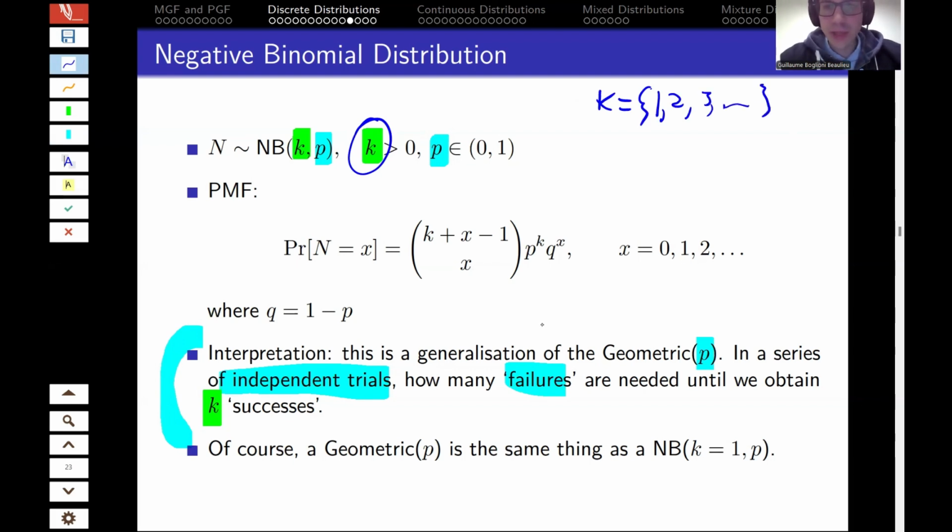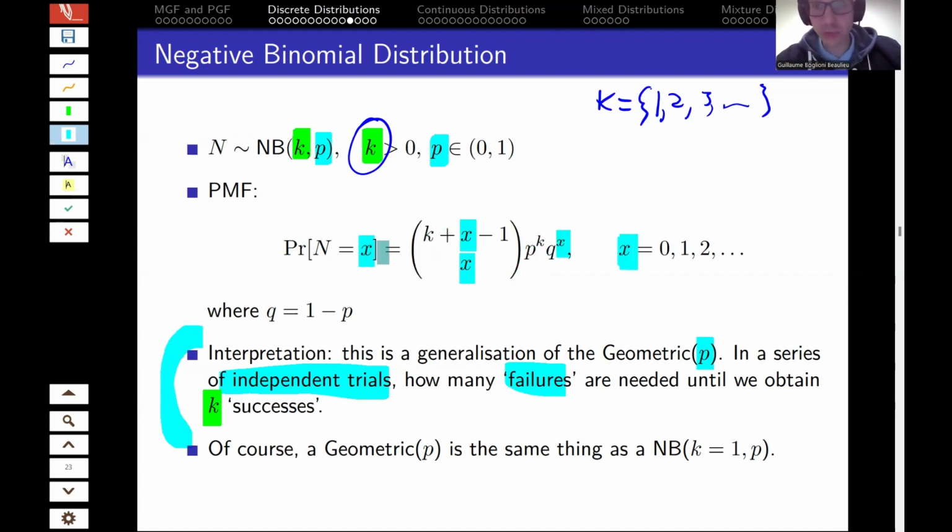Now, in light of that, the PMF is as given there. The probability that my negative binomial is specifically x is given by this expression. Again, this is a combination of x in K plus x minus 1.